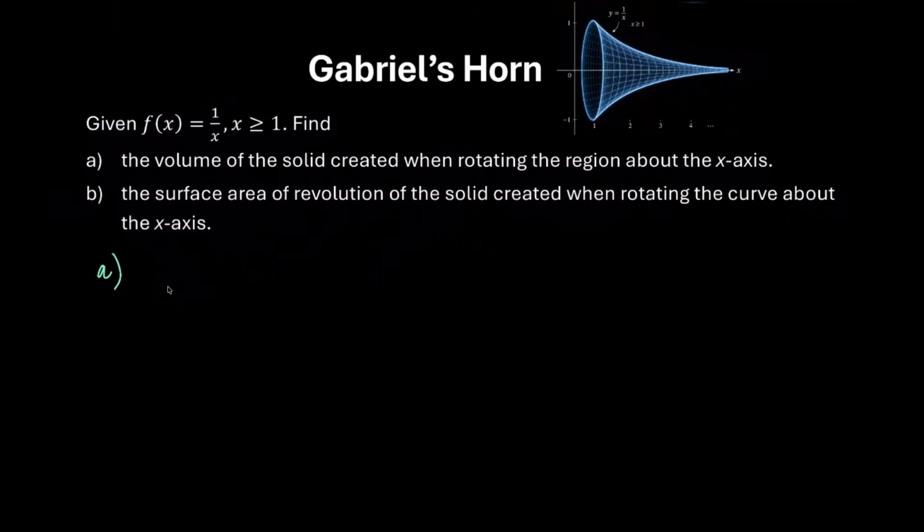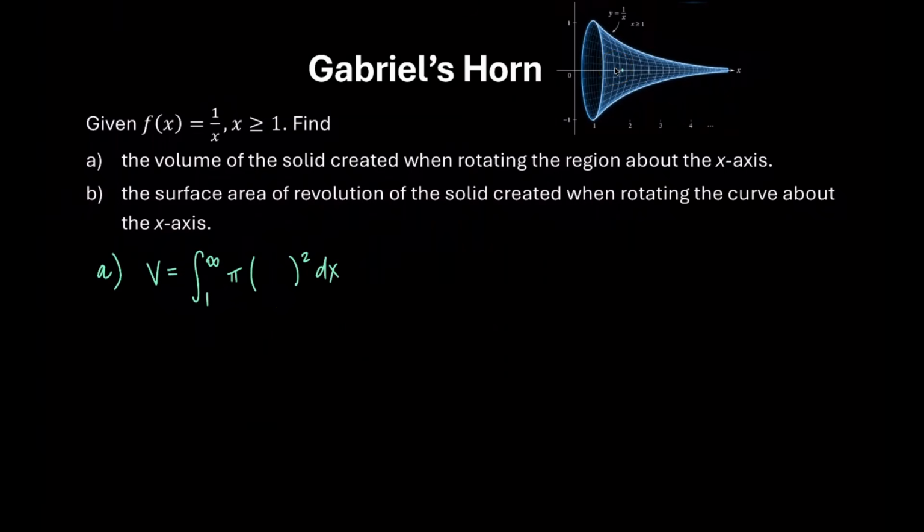So here the volume of the solid is obtained by doing the integral from 1 to infinity. And then the cross sections are going to be circles. So we're looking at pi r squared dx, but what is that r? What is that radius here?